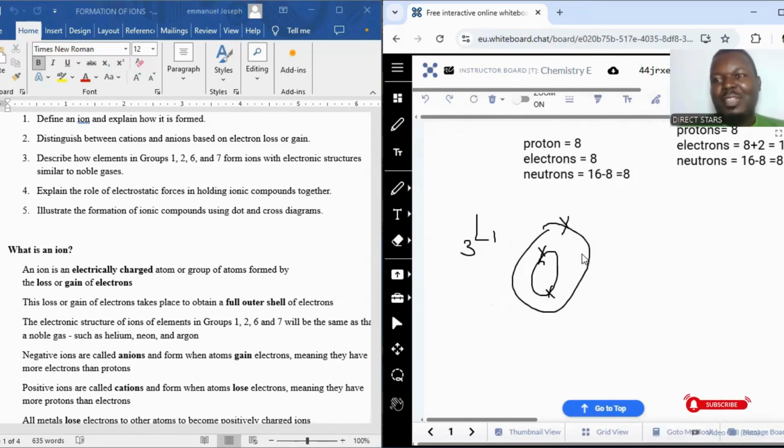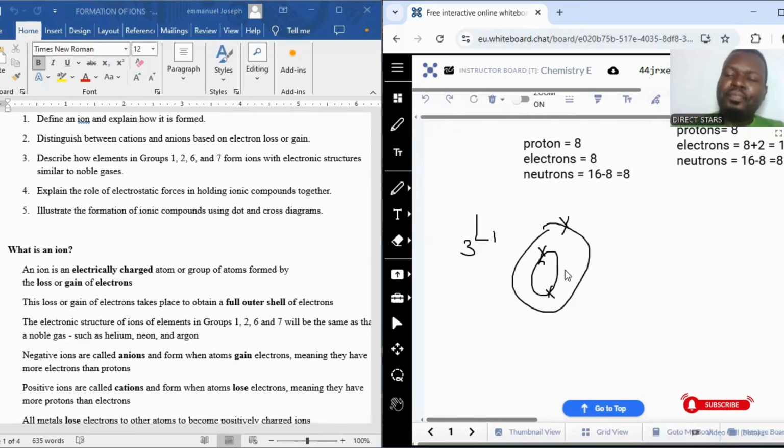Now, it will need 7 to make it complete, or rather lose this one and be left with the complete inner shell, which is the K shell. It's easier for this lithium atom to give off this 1 electron and remain complete at the K shell level than for it to gain 7 electrons.